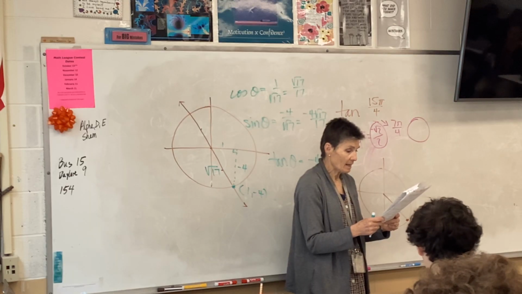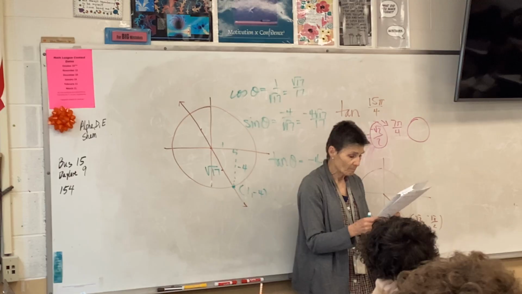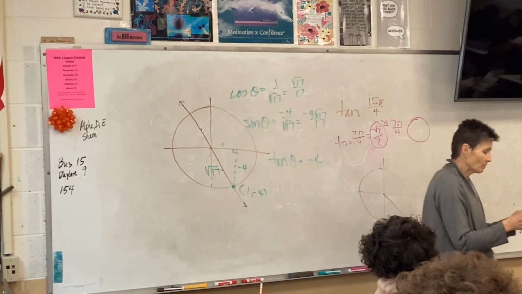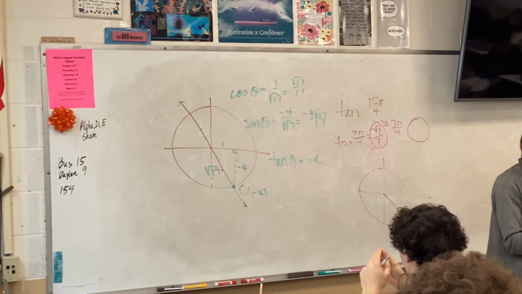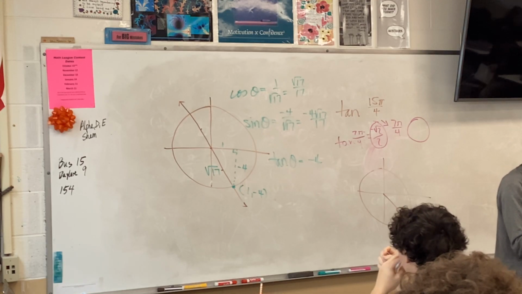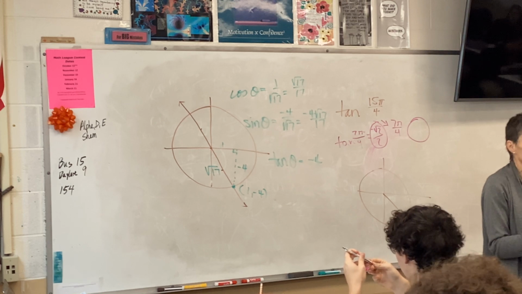E and F, right? So I'm looking at points E and F, and I want to describe the rate of change and explain. So in other words, I want to be as thorough as I possibly can. So, what can I tell going from E to F?